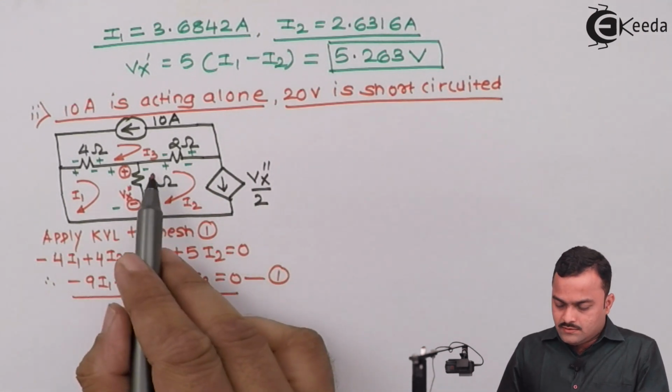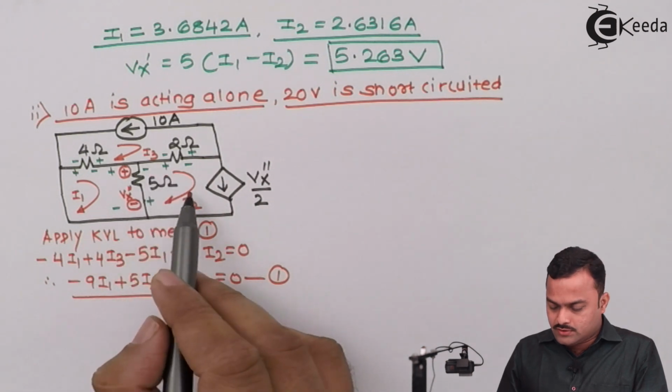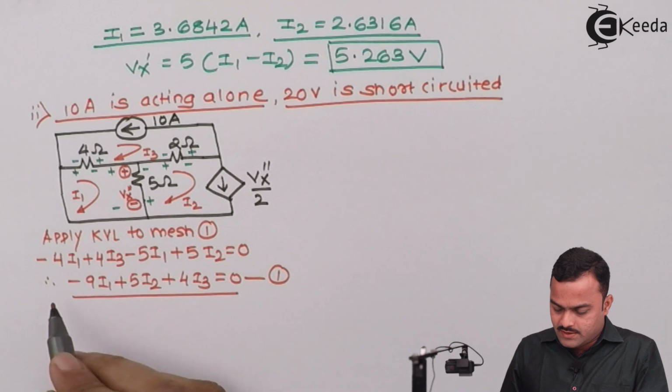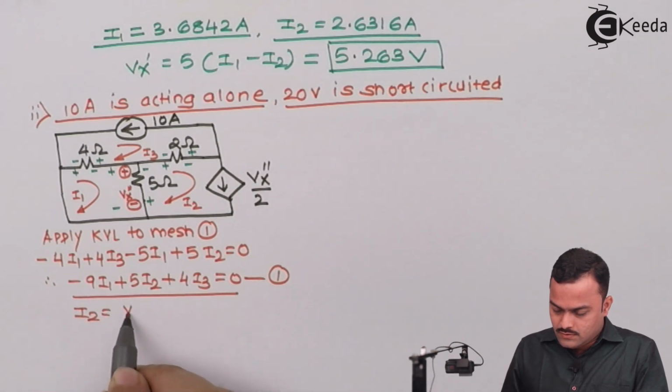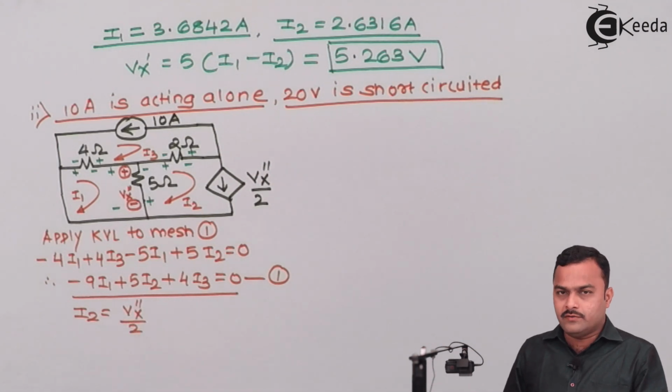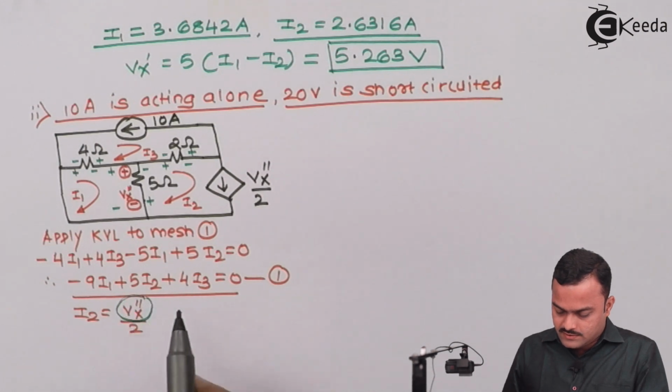Now over here, no need to apply KVL to mesh 2 because only current source is present. So I can straight away say I2 is equal to Vx double dash upon 2. But we need a substitution equation for this Vx double dash. So let's write it.